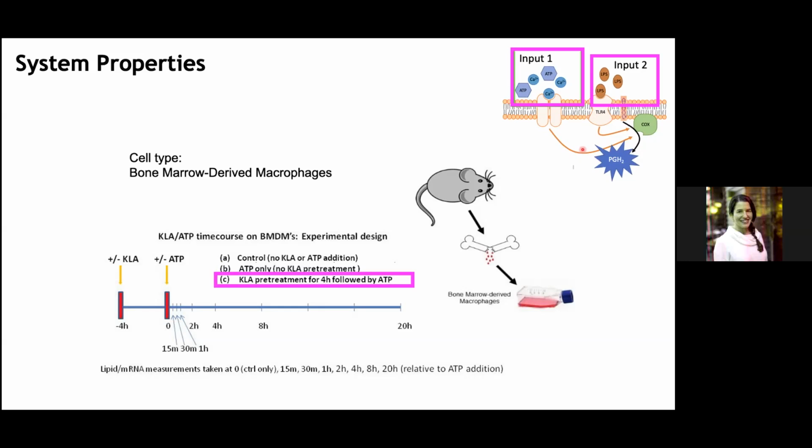And then we have a combined treatment of ATP and KLA in this cell, which activates the COX. KLA here, which is Kdo2-lipid A, is a chemically defined substructure of lipopolysaccharide, or LPS, which I mentioned earlier is the bacterial molecule that specifically induces the inflammatory response in macrophage cells. Samples were collected at the different time points listed here on this timeline.